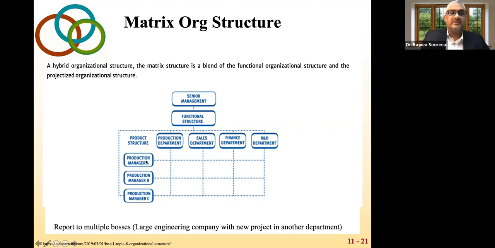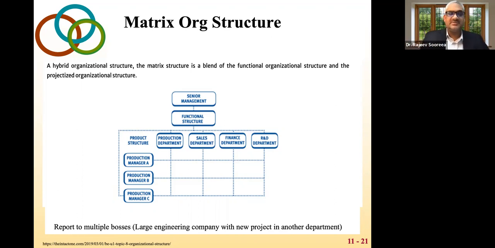And then you have production manager A, production manager B, production manager C. So production manager A from the production department, production manager B from the production department, and production manager C from the production department. But they also have connection with the sales department, with the finance department, with the R&D department. So it becomes like a matrix organization, like you have X and Y axes.